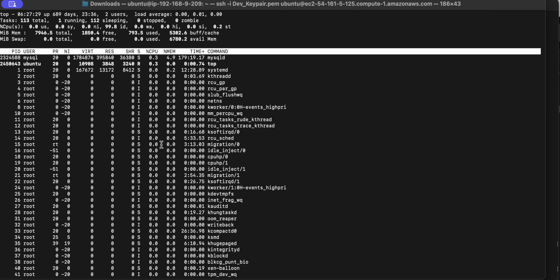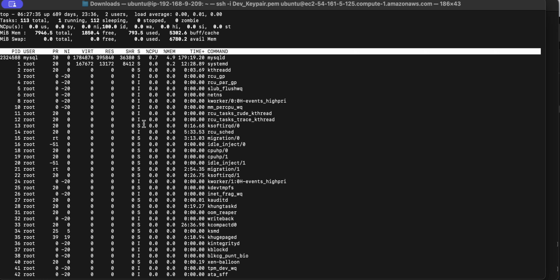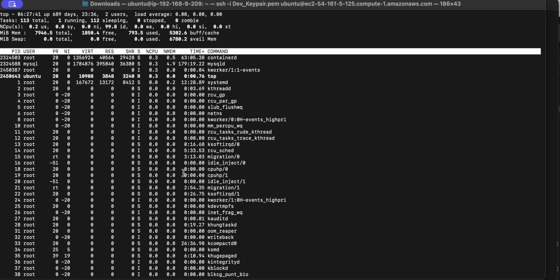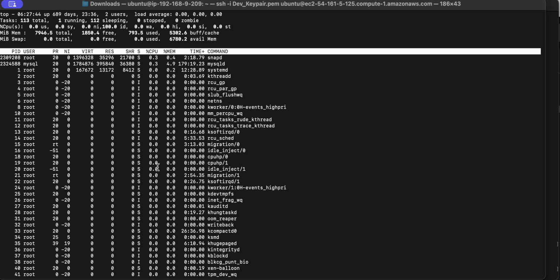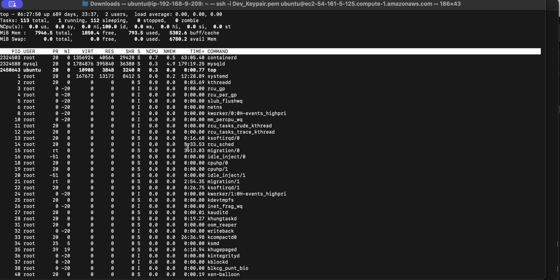Now I have T. T is any job which is stopped. If you ever see T there, it means those are stopped, though you won't usually see it. And if you see Z, it means it is some zombie process which is terminated.